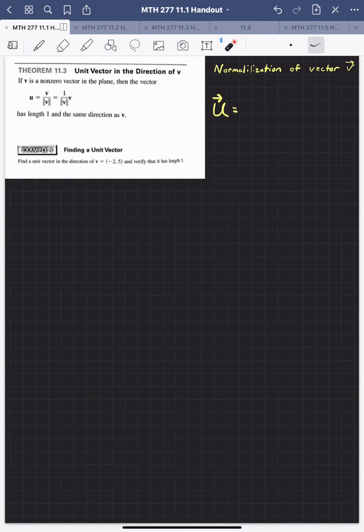The next bit of theory we want to discuss is the idea of what we call a unit vector, or normalizing a vector, in the direction of v. To make sure you understand what this theorem is saying, let me make up something. Let's assume that this is our vector.